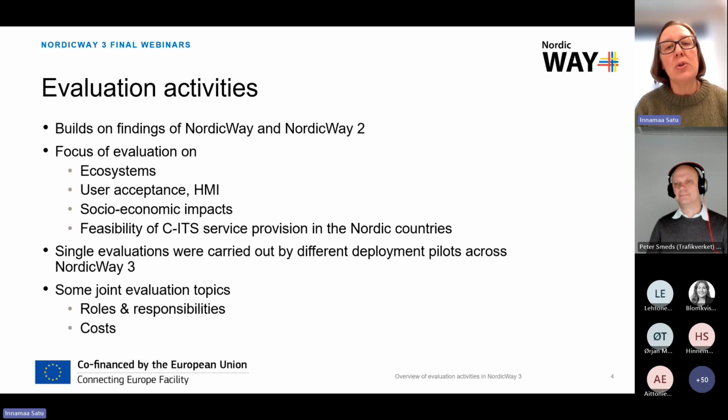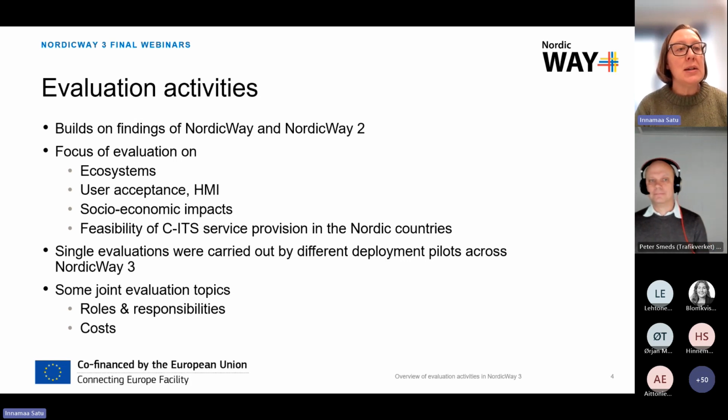And this includes also aspects related to the technical feasibility, related to sufficient quality of service, and these kinds of aspects. In addition, for feasibility we need to find viable ecosystems, we need to have acceptance, and we should have positive socioeconomic impacts.